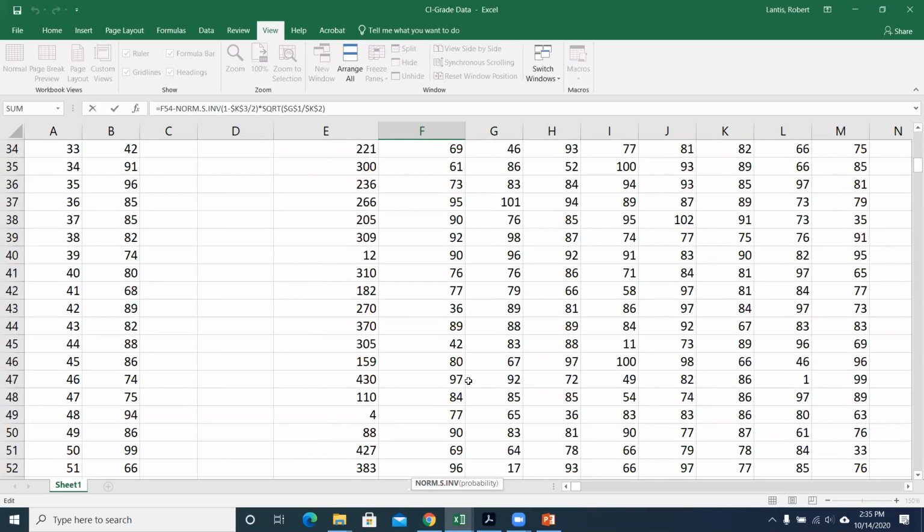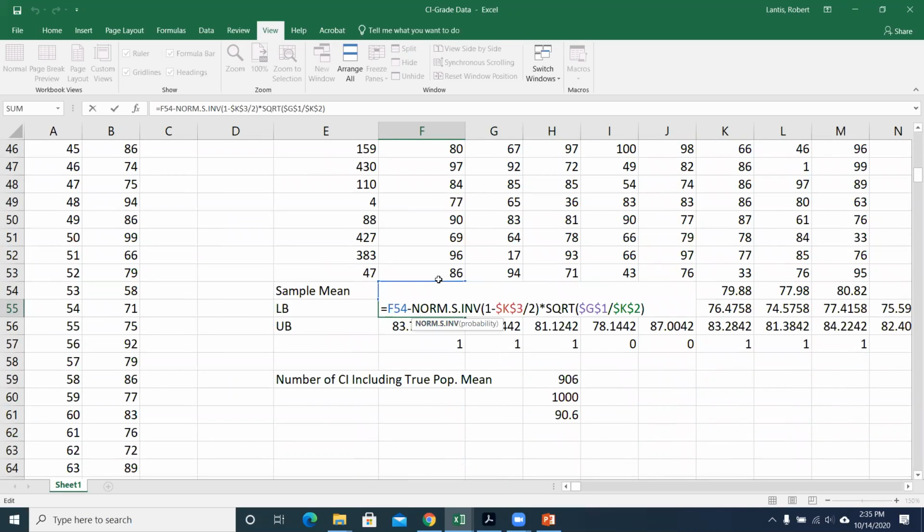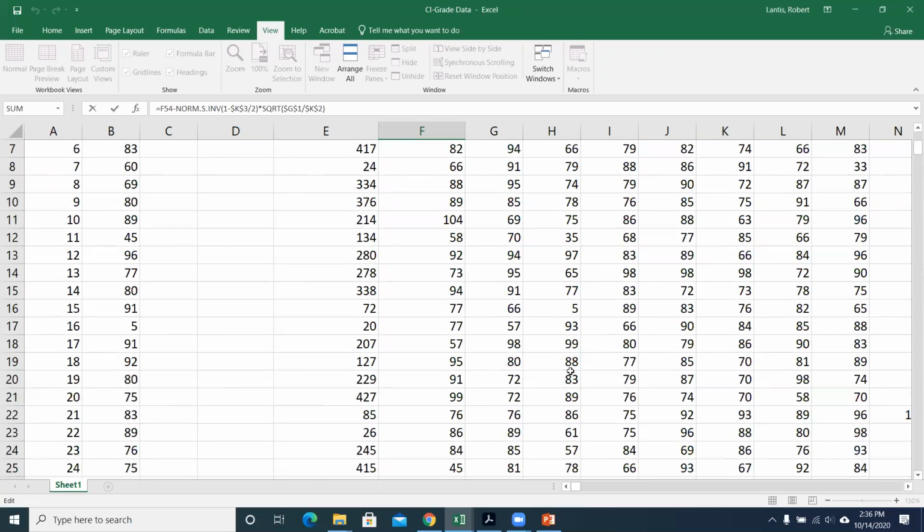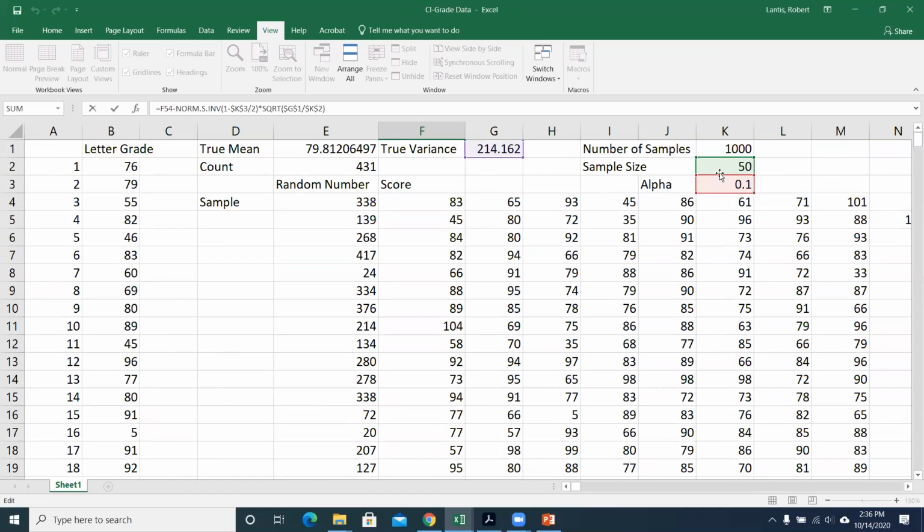I'm taking my sample mean, F54 right here. Now I skipped a step here. I didn't calculate the z-score in a different row or column. I actually just plugged that function in. So that represents my z-score times the square root of my population variance over my sample size, which was 50.